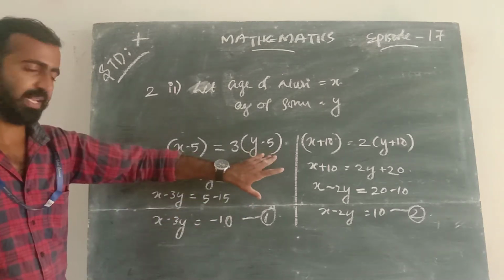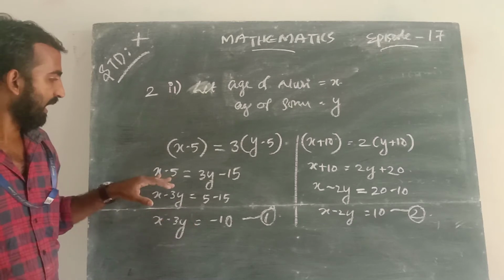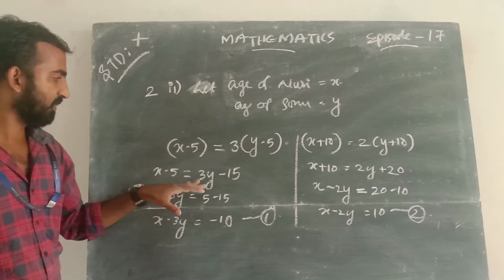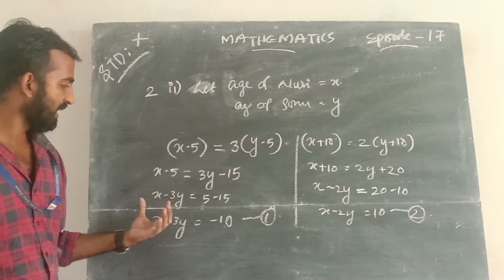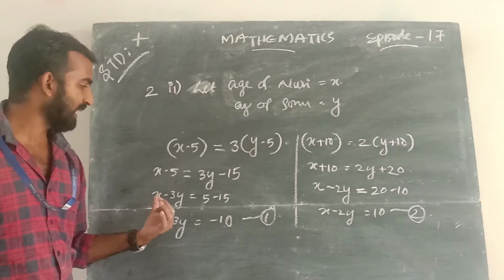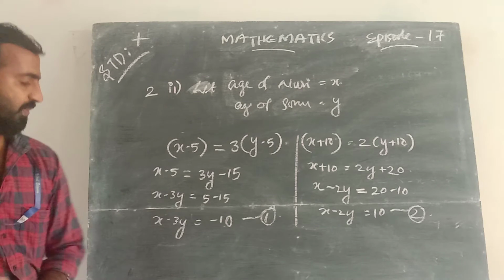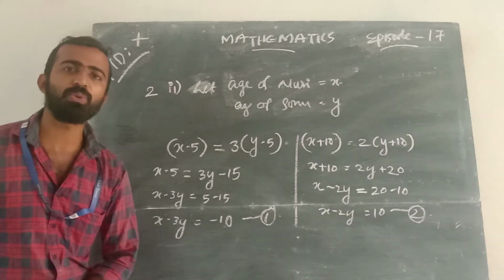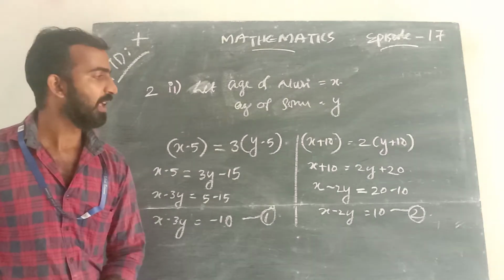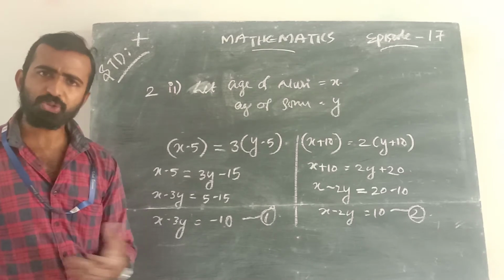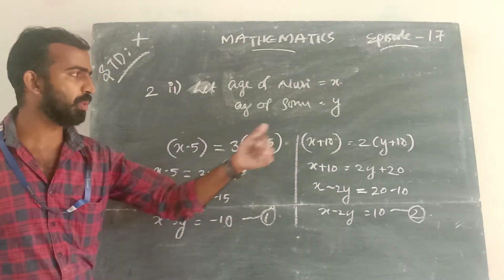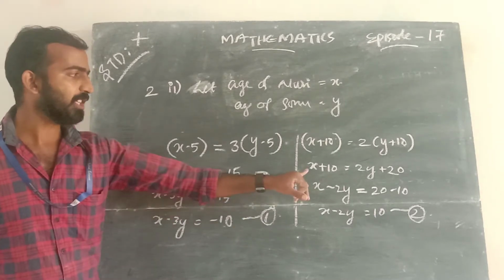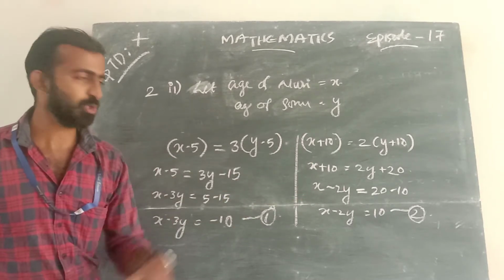We open the bracket and we can write x minus 3y equal to 5 minus 15, that is x minus 3y equal to negative 10. And the second condition is x plus 10 equal to 2 into y plus 10, that is x plus 10 equal to 2y plus 20.